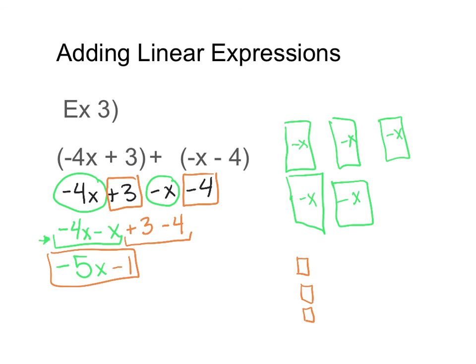And then I'm going to make this red for a negative 4, right? So then 1, 2, 3, and 4. And then remember, when you're dealing with integers, these would cancel out and you'd be left with that negative 1 or minus 1, right? So it's a negative 1 here. And that's the end of adding linear expressions.